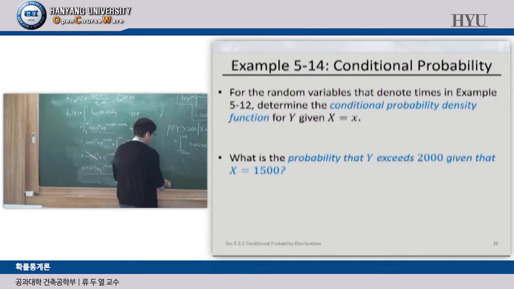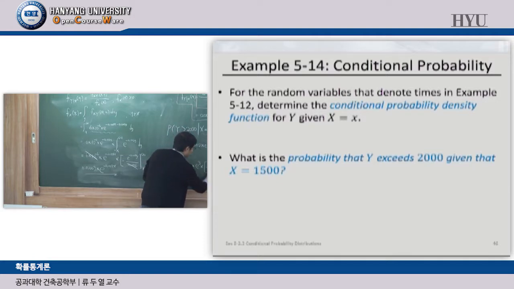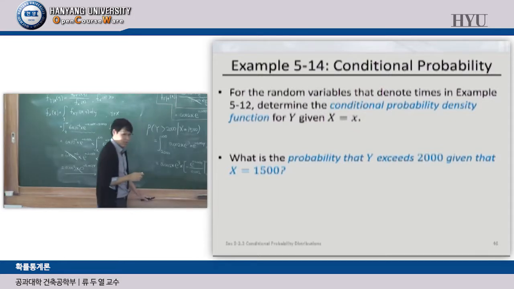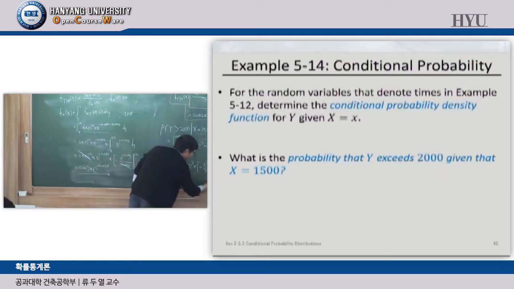So this will be 0.002 times exponential to the third power times minus exponential minus 0.002y over 0.002 from 2000 to infinity.